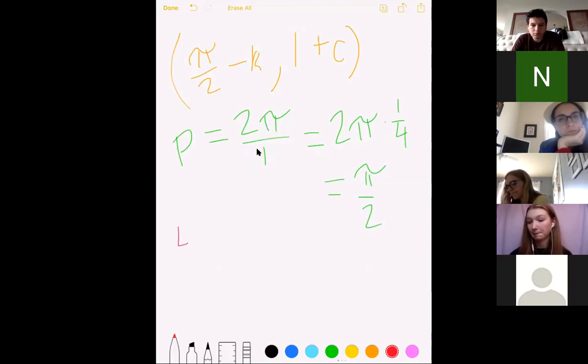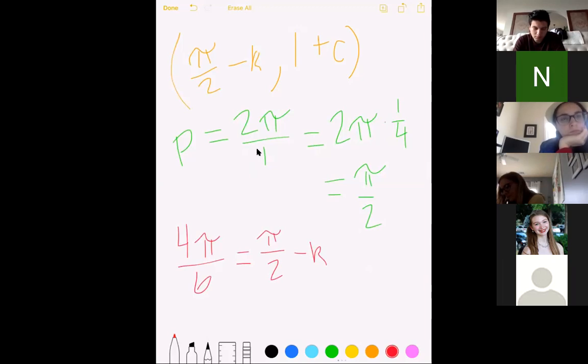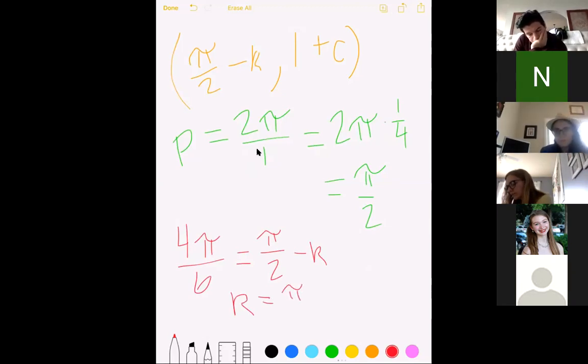So 4 pi over 6 is equal to pi over 2 minus K. So then we can find that K is equal to, I can't do that in my head.